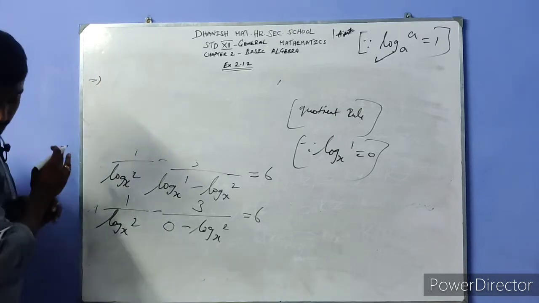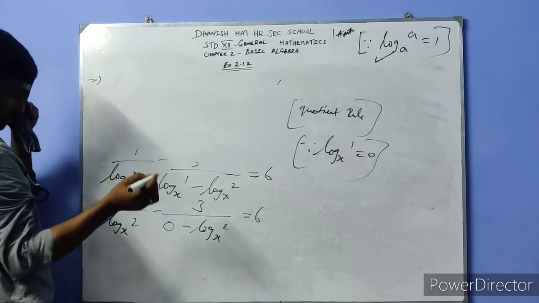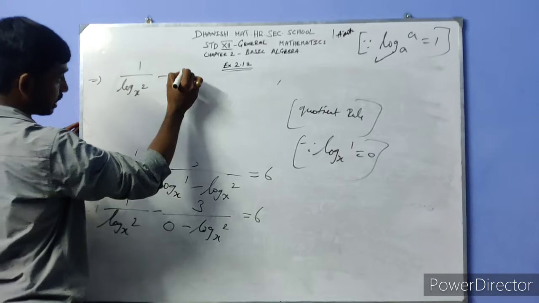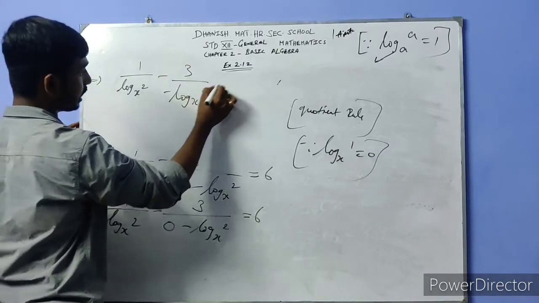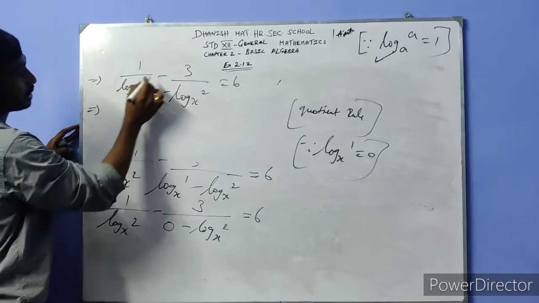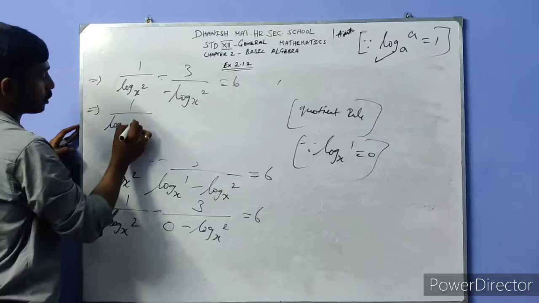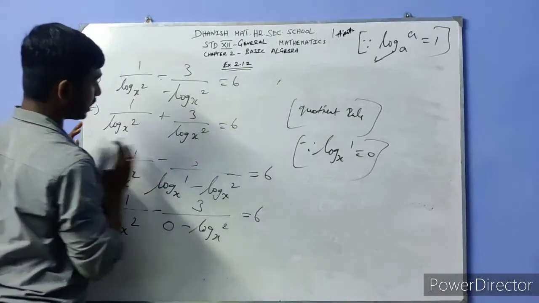Then you have to write like this: 1 divided by log x square minus 3 divided by minus log x square equal to 6. This minus will be changed into plus, because minus into minus is plus: 1 divided by log x square plus 3 divided by log x square equal to 6.